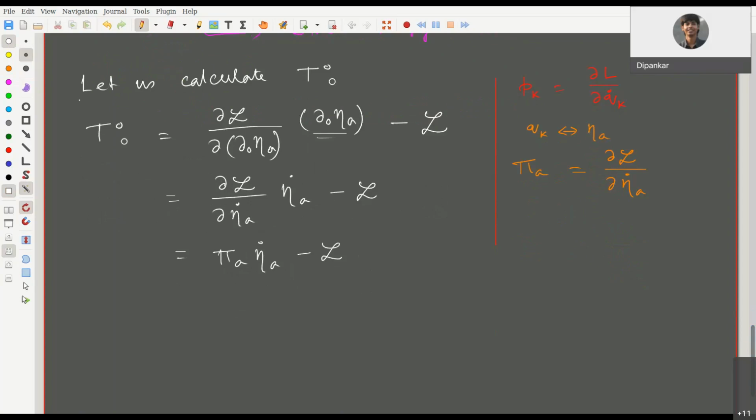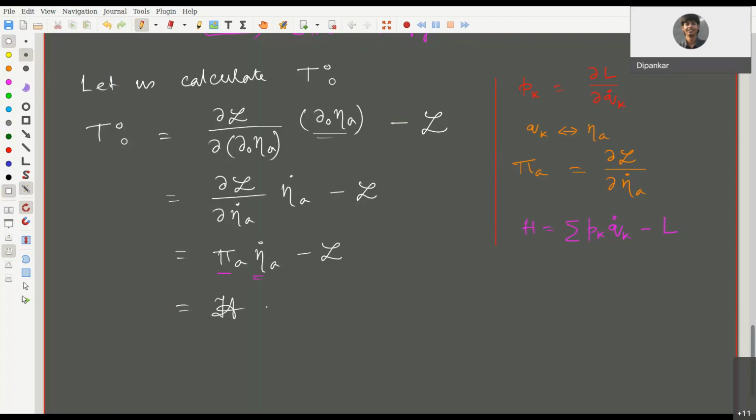Again, you compare this with the definition of the Hamiltonian. How did you define the Hamiltonian? It is the summation over Pk Qk dot minus capital L. So this again looks similar to that. This is the momentum density times the coordinate derivative summed over, minus the Lagrangian density. So this is again a density which I will define to be my Hamiltonian density, which is H.